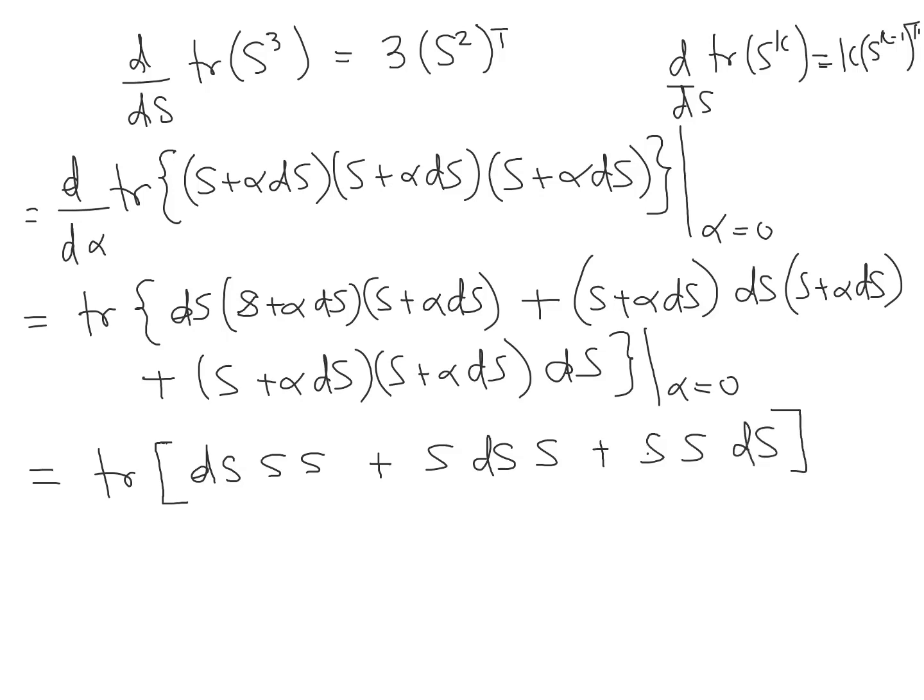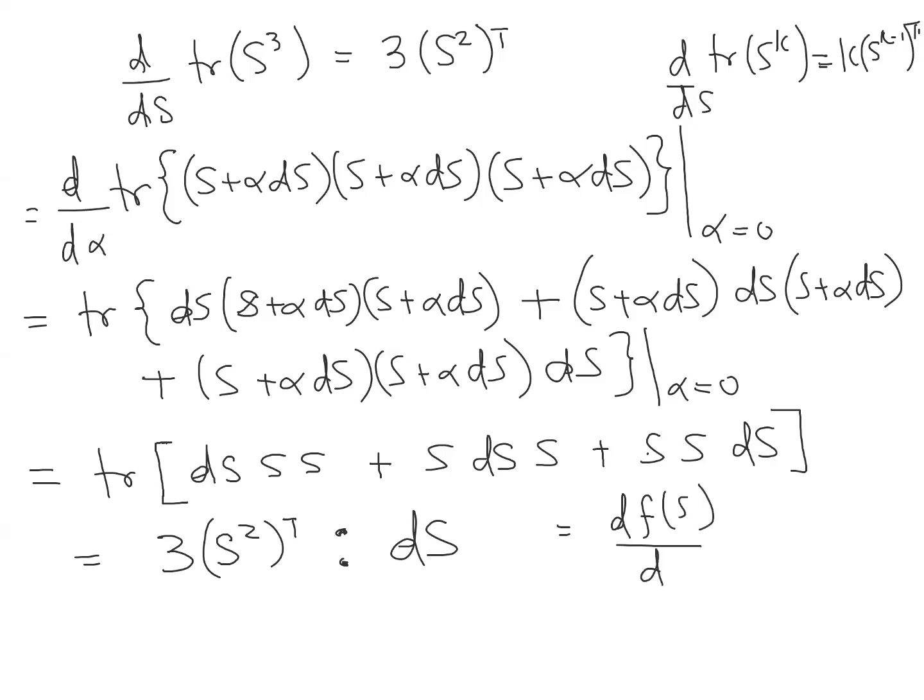We'll write this trace in another form. You will see that this can be written as 3 S squared transpose dotted with DS. Okay, and this should be the same as your Frechet derivative dotted with the arguments.